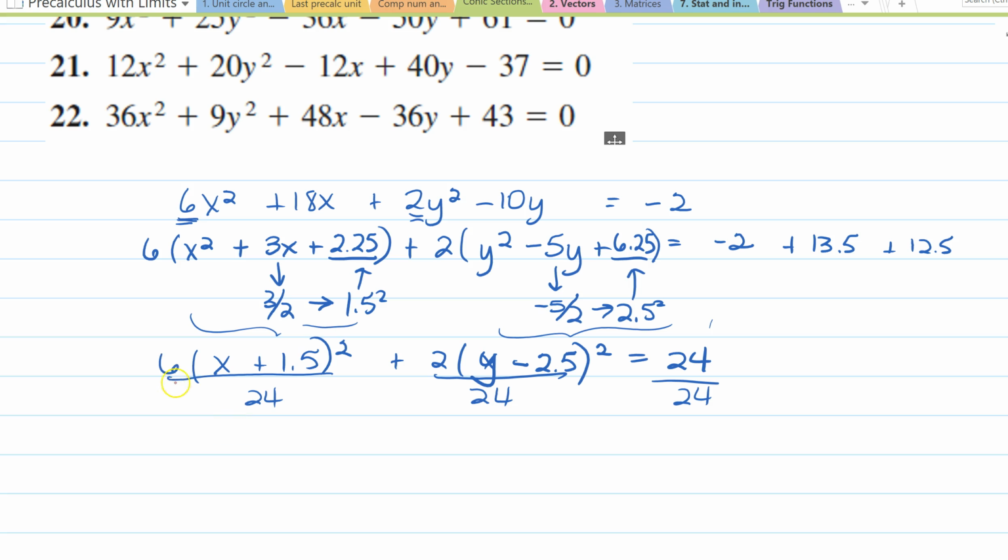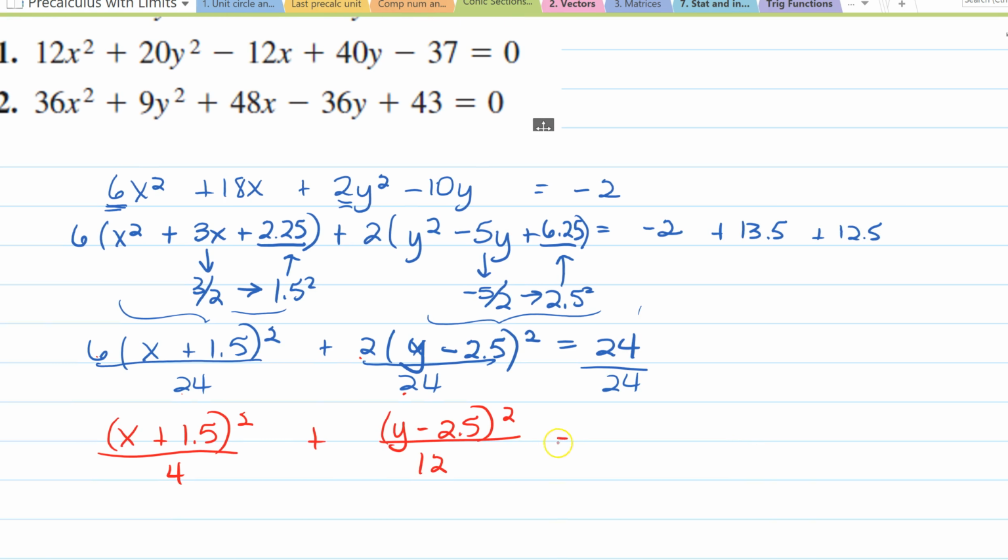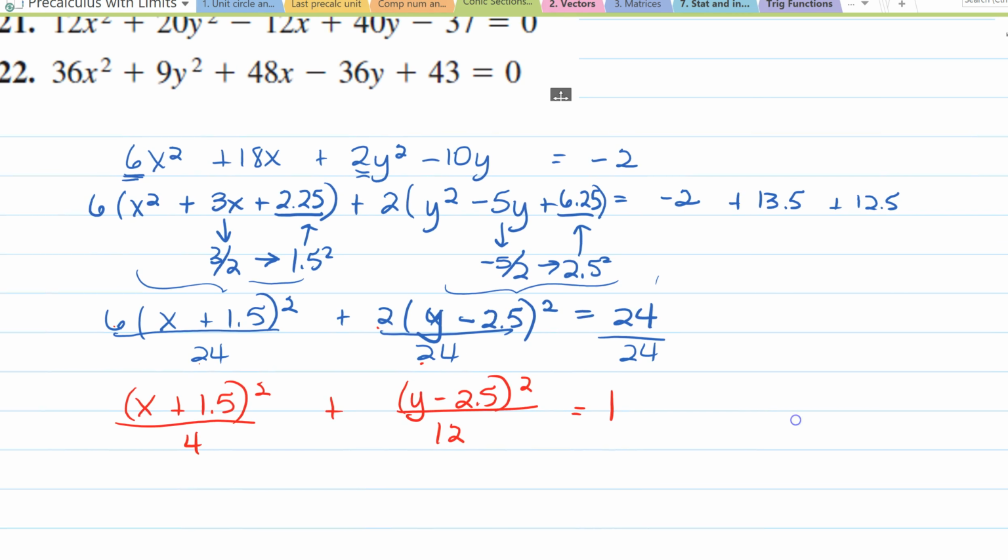So 6 over 24: 6 will divide into 6, and so will 24. So I get (x + 1.5)² divided by 4. Plus (y - 2.5)² over 12, I divided that by 2 and that by 2, is equal to 1. So here is my standard form.